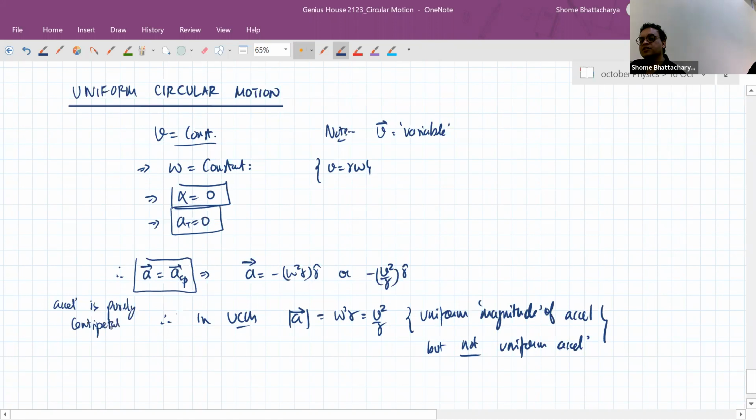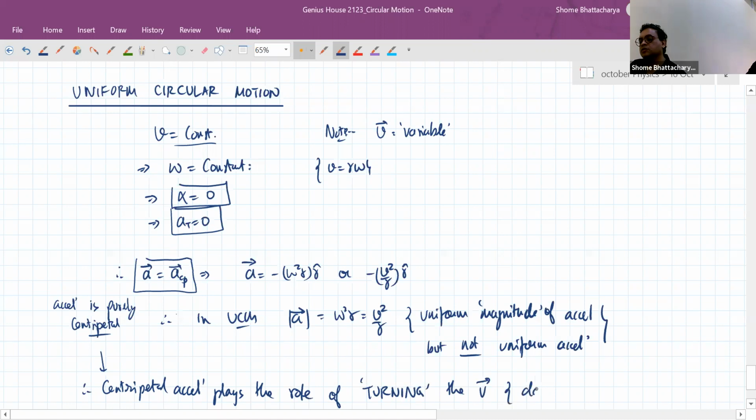So this gives us the proof that centripetal acceleration plays the role of turning the velocity vector without affecting its magnitude. It does not affect the speed.